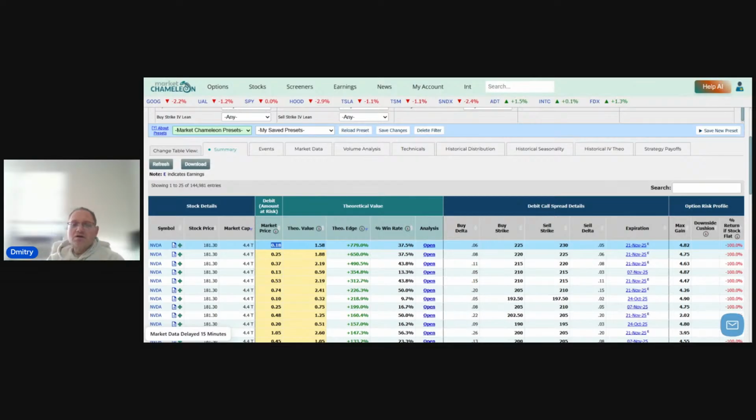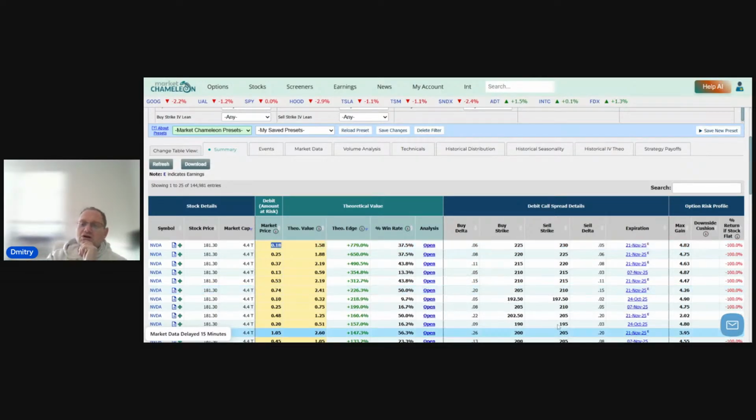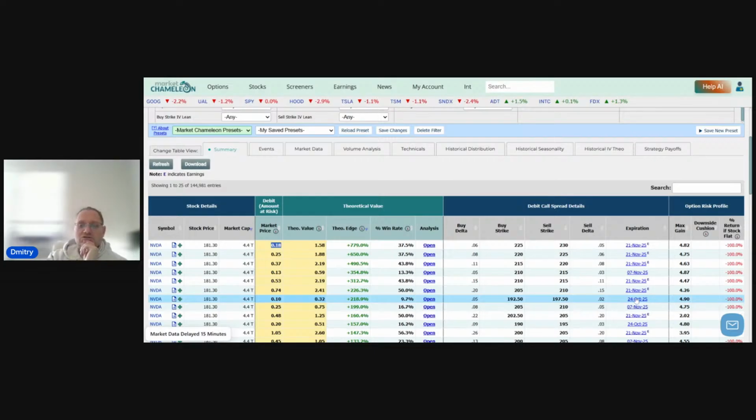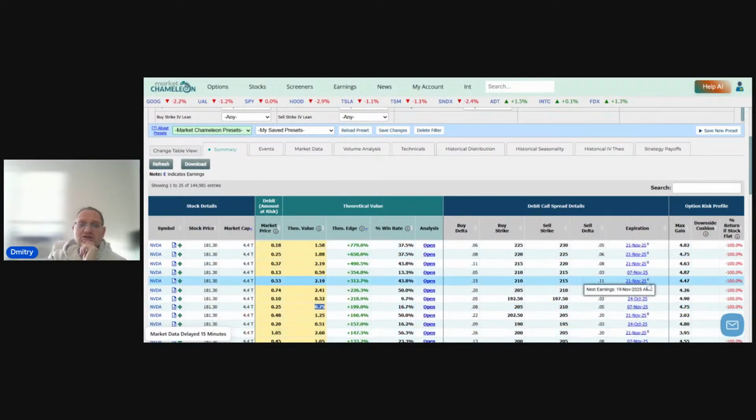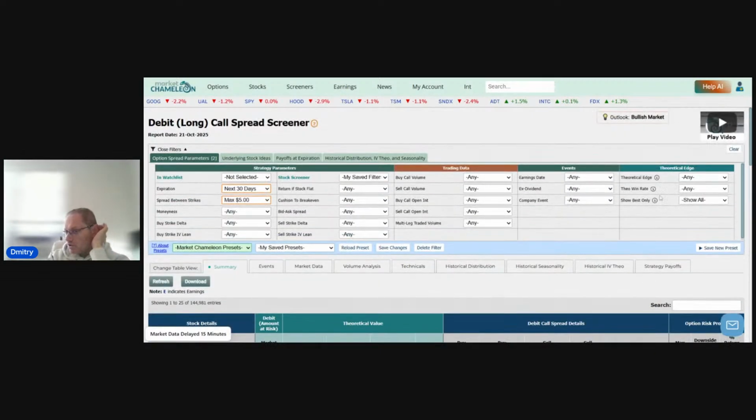So that's looking at historical moves, right? These would be non-earnings, October 24th. So see the non-earnings moves here, and the earnings moves is with the E. And if we wanted to just show up here the best ones by theoretical edge.